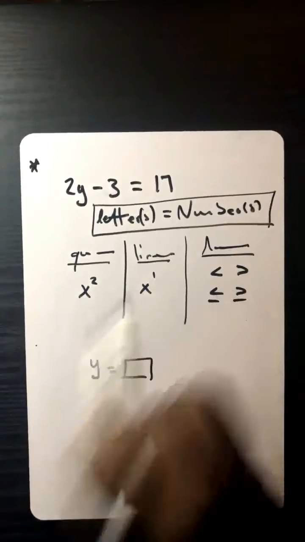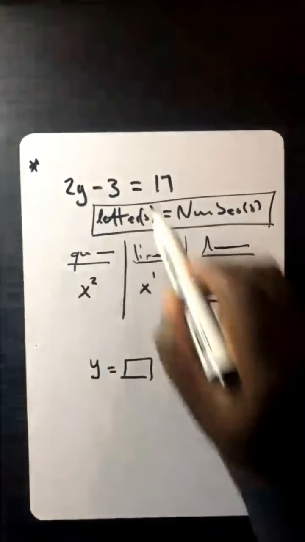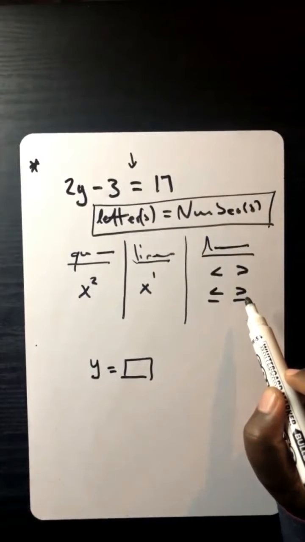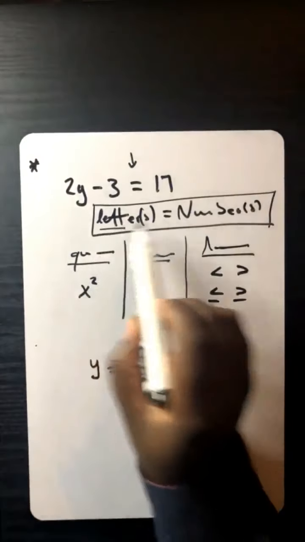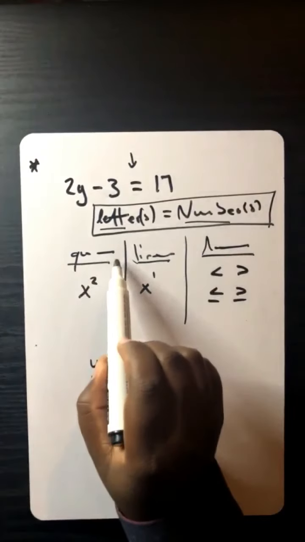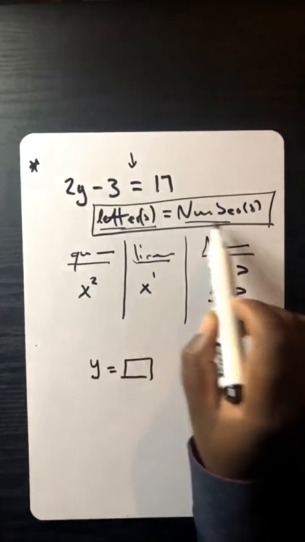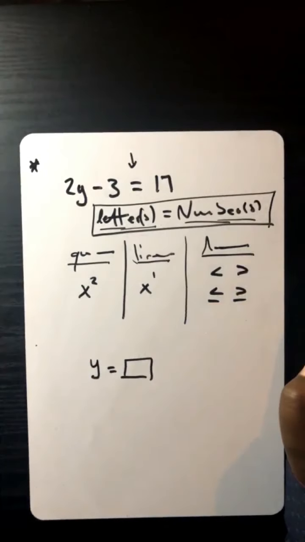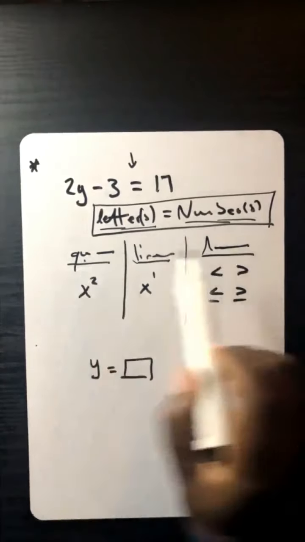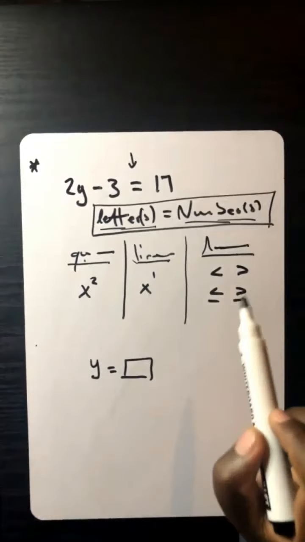So in this case, it means I'm dealing with a linear equation. When you've got a linear equation, that's when you have one letter, one value. But if you've got a quadratic equation, you're going to have two values of x. Similarly, if you've got a quadratic inequality, you are going to have two values of x.